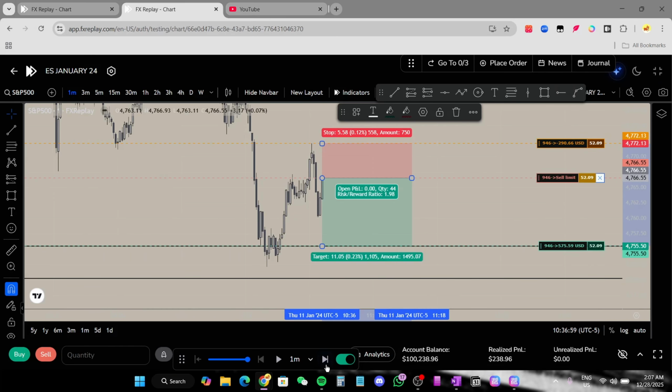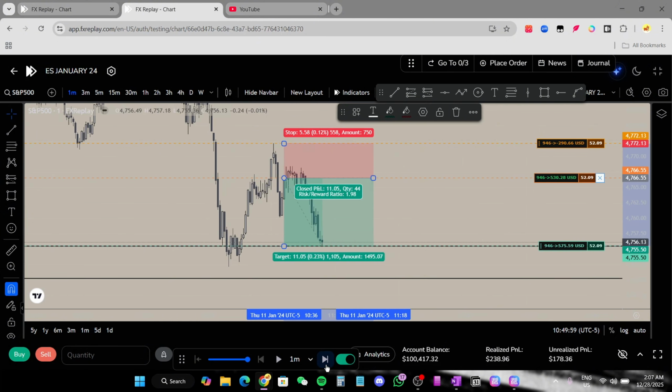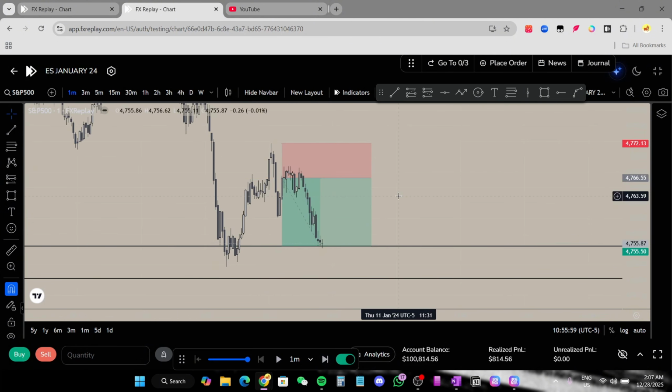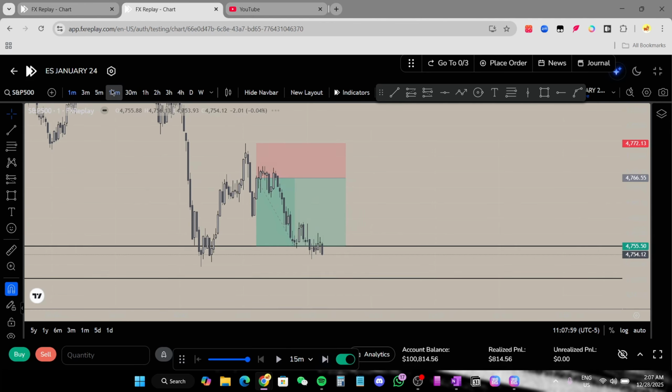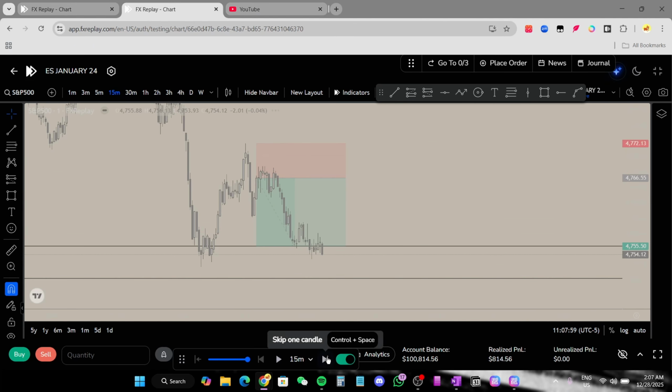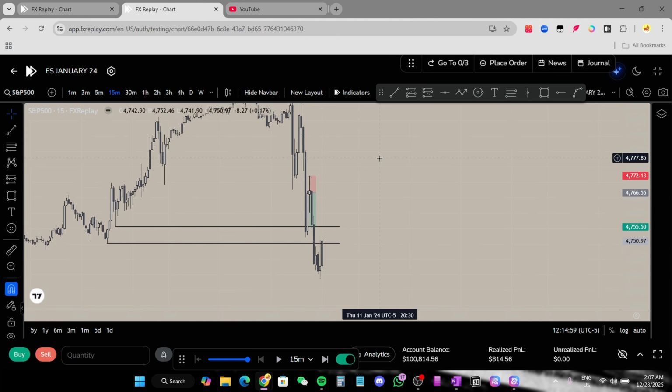You can leave runners to go below. And boom, GP. You see, this is the kind of trades you want to take. And it's going to keep going lower. Let me show you. I'm so sure it's going to keep going lower. You see? Like just trust the higher time frame draw on liquidity.